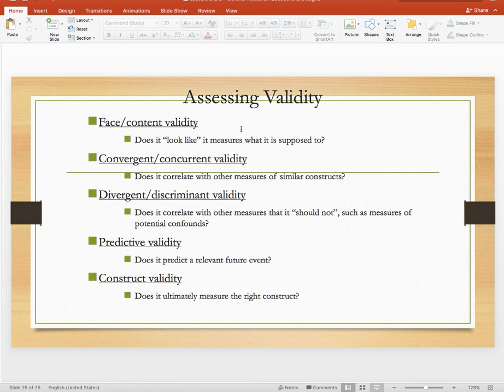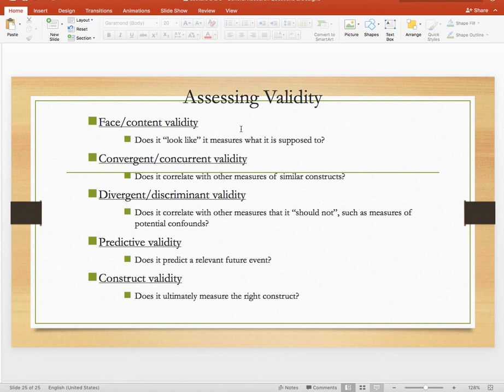Perfect. Okay. So again, that's the one that we're allowed to get away with the most in most particular cases. Number 2, convergent, or what we also call concurrent validity. With convergent validity, does it correlate with other valid measures of similar constructs of interest? In other words, let's say I've created a brand new assessment technique. Here's my new assessment technique. Here's one that's already valid.